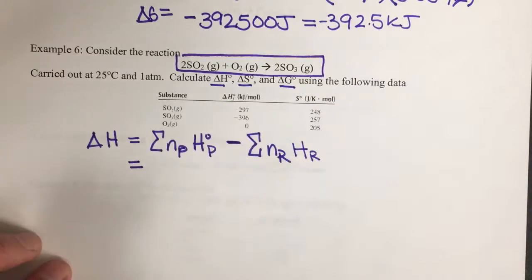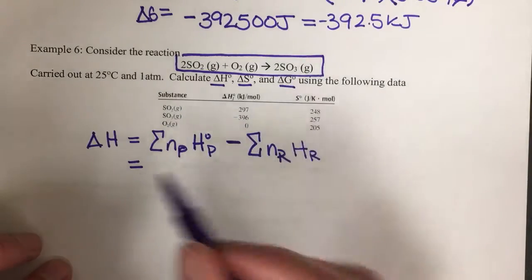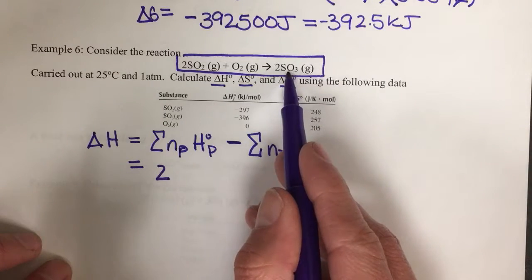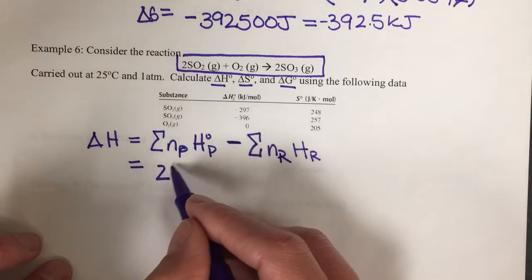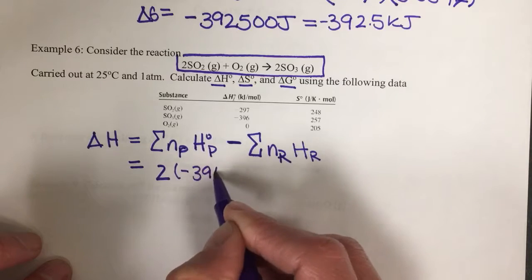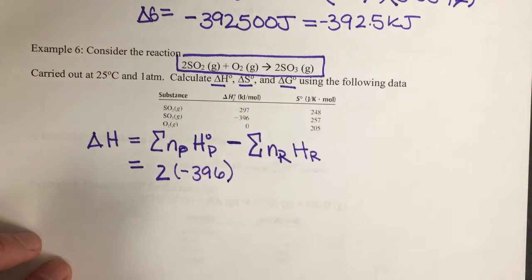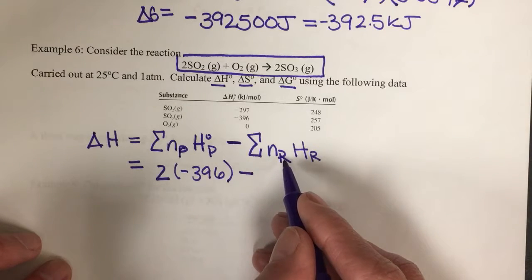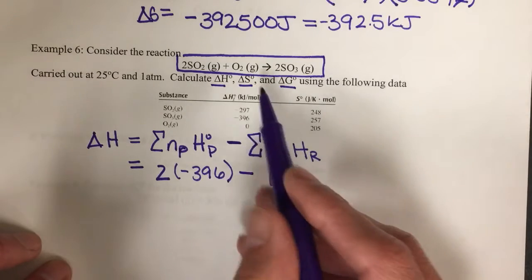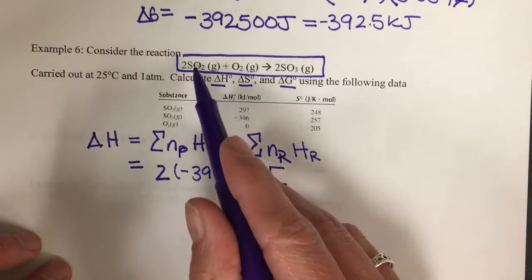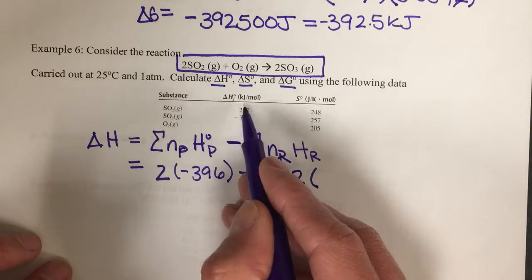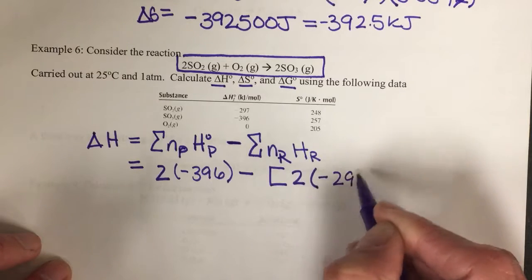So if I look at my chemical equation, I start with my products. I've got 2 moles of SO3. SO3 is negative 396. Okay. Minus my reactants. I've got 2 SO2s. So 2 SO2 is negative 297.